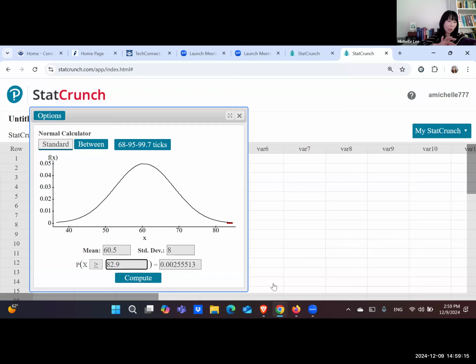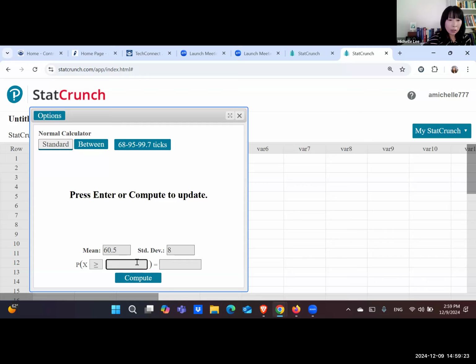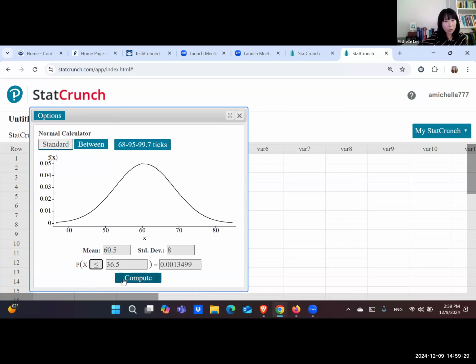Okay, now the second one, we have x is greater than 36.5. Change the inequality. So we have 0.0013499, right? Oh, there we go. 68, 95, 99.7.